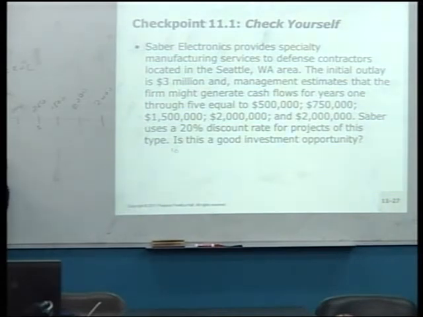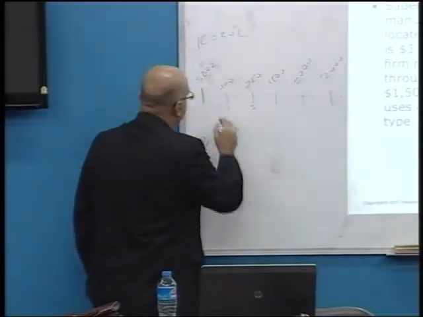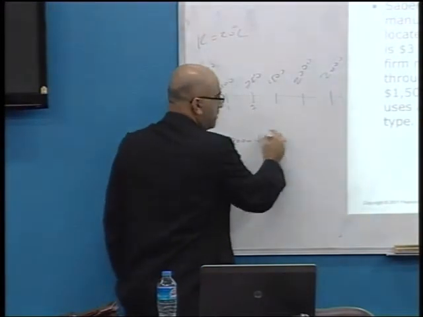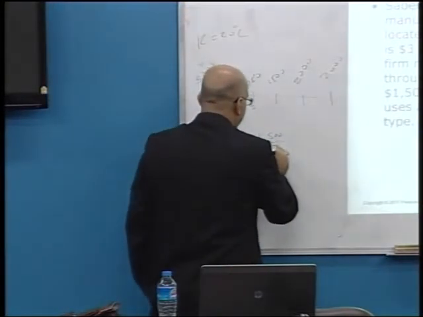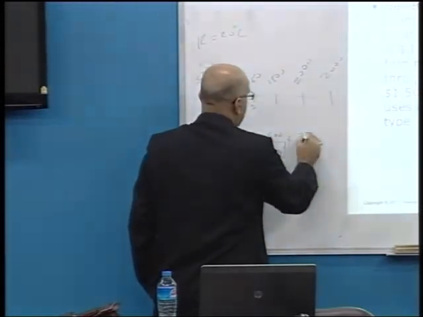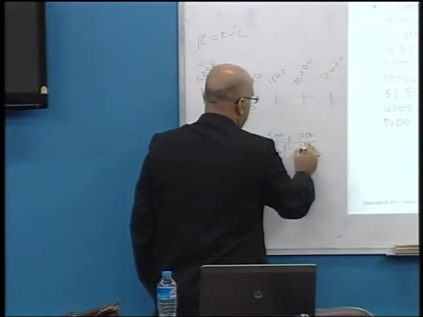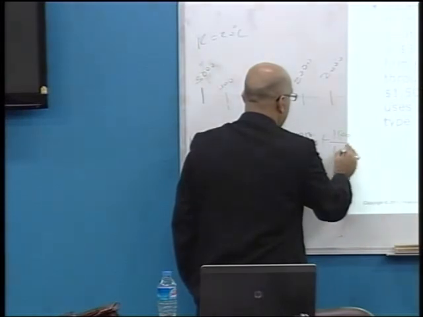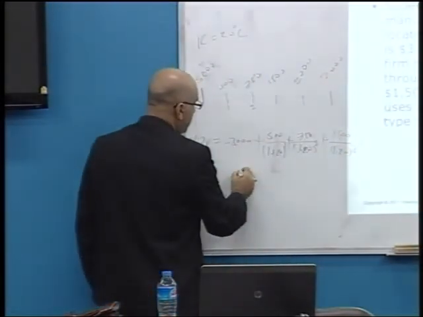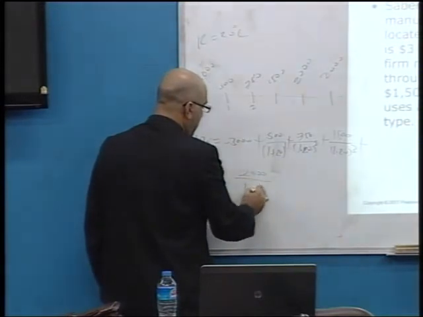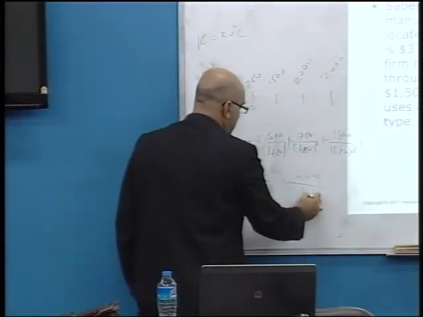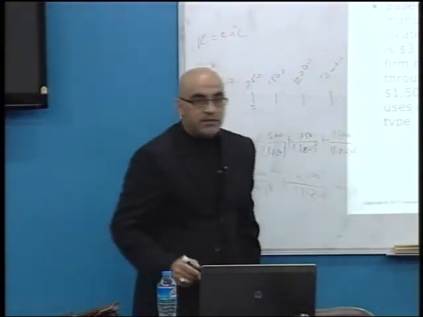Again, the net present value is equal to minus 3,000 plus 500 divided by 1 plus 20% raised to the power 1, plus 750 divided by 1.20 raised to the power 2, 1,500 divided by 1.20 raised to the power 3, plus 2,000 divided by 1.20 raised to the power 4, and the last one 2,000 divided by 1.20 raised to the power 5. So what is the result?